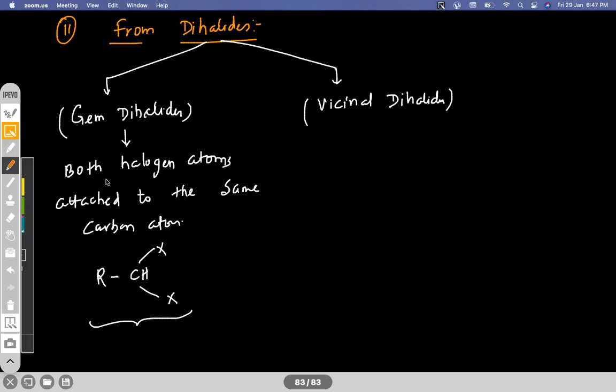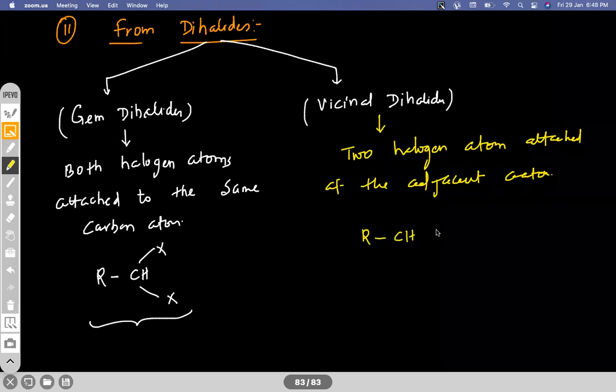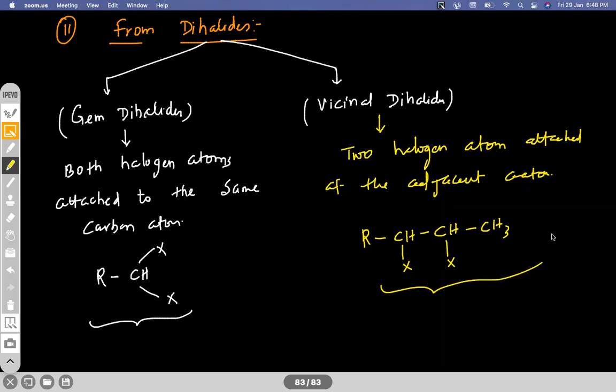On the other hand, vicinal dihalides are those in which two halogen atoms are attached at adjacent carbon atoms. For example, RCHX CH2X. Here we have X, here we have X. This is a vicinal dihalide.